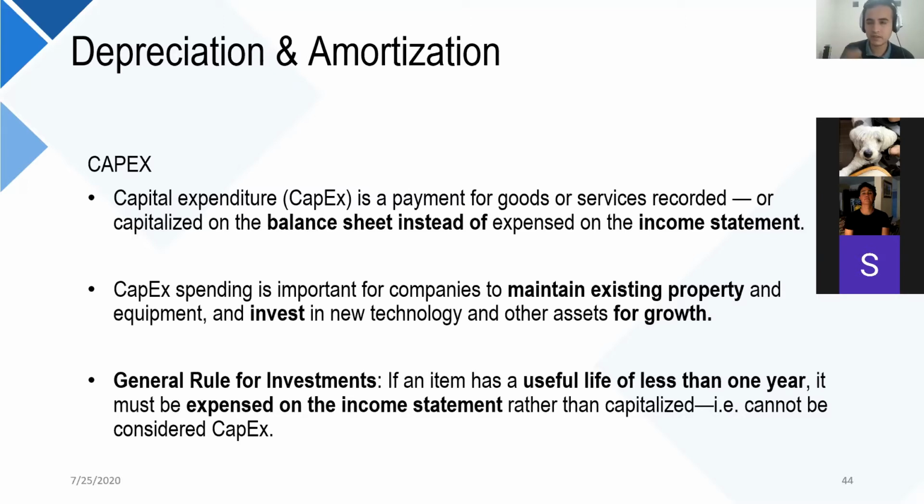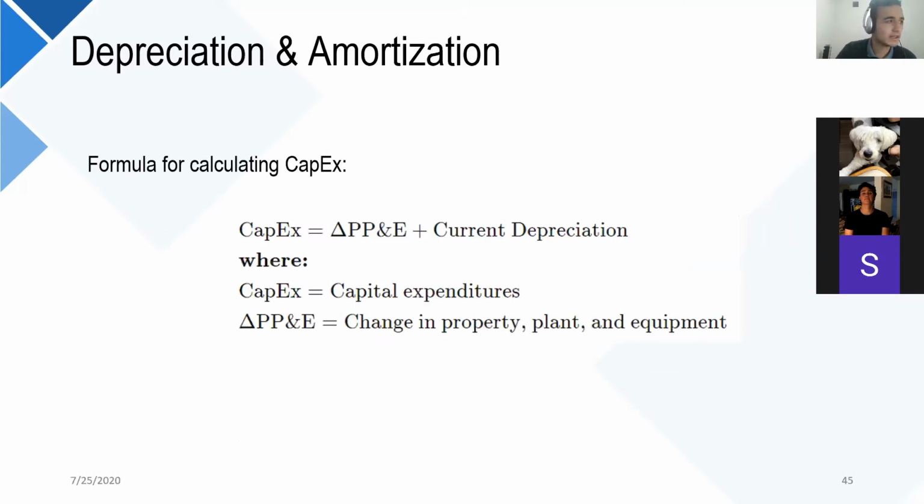If you are expecting it to last more than a year, then it's an investment on assets. It's capex, and you can depreciate it, applying one of the formulas of depreciation I just showed you. If it is not, then it's an expense, and you recognize it fully on the income statement as an expense.